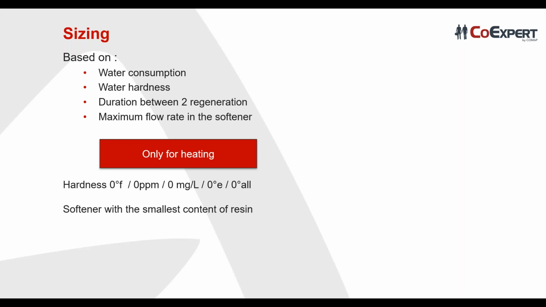No hardness in the water for the heating network. So in that case, the softener needs to be very small, because it's better to take time to fill the network instead of buying a very big softener, because it's useless. It's not necessary to have something very big. So a very small softener is needed in that case.